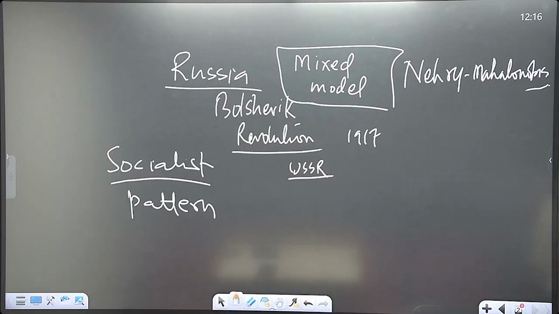I may make mistakes in the spelling, but that's why I want you to check it. Simply Google Nehru Mahalanobis model. You people must be knowing about this model. Can you find anything like this on Google?